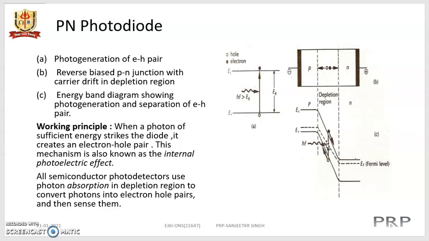Electrons will move to the conduction band and the holes will move to the valence band. The free electron travels down the barrier and the free hole travels up the barrier to constitute the current flow. In this way external current will flow.